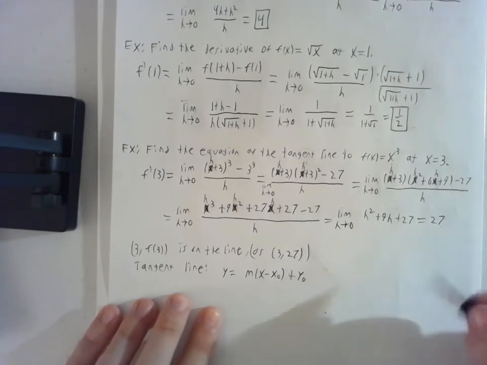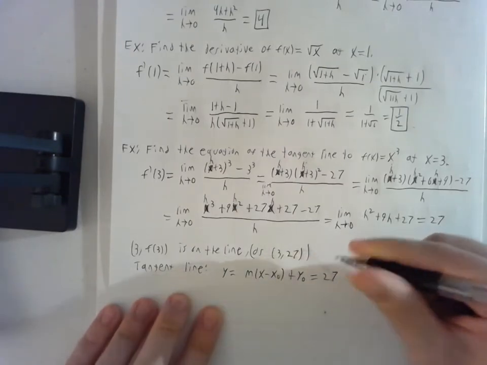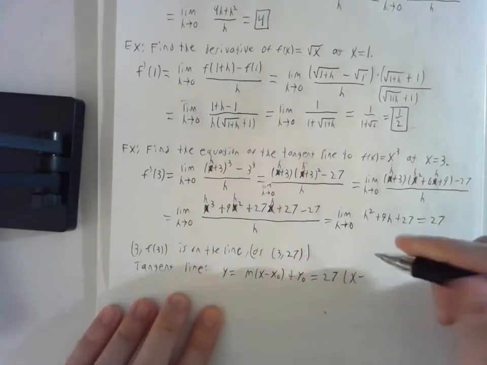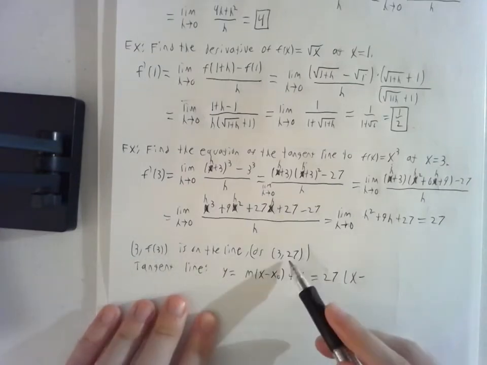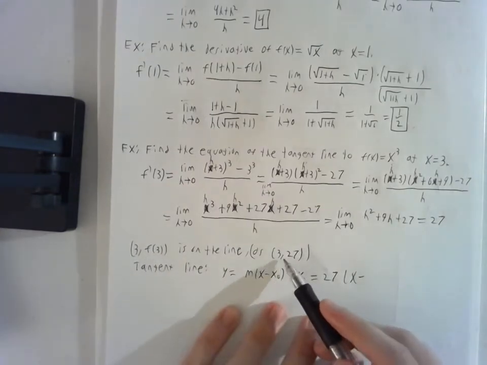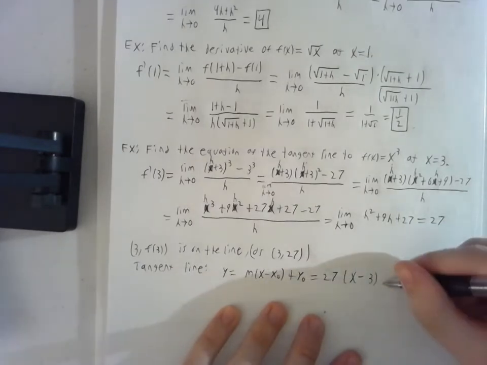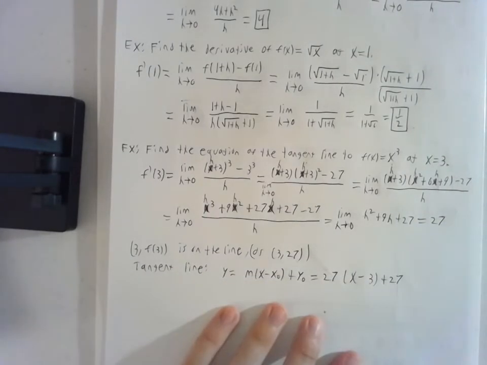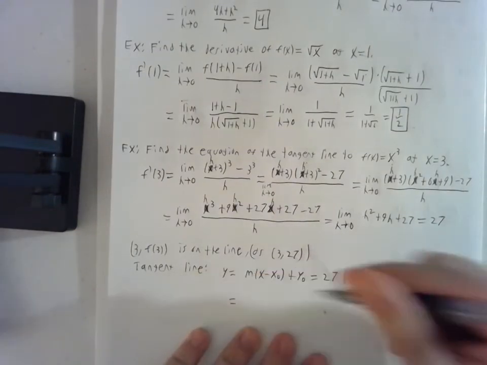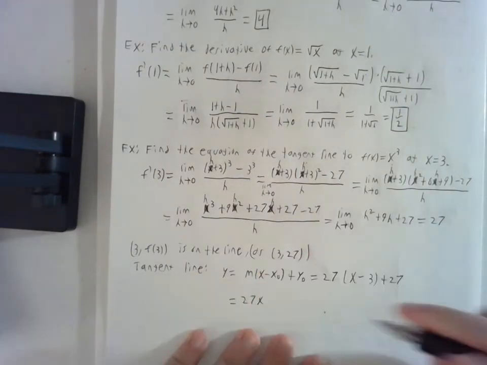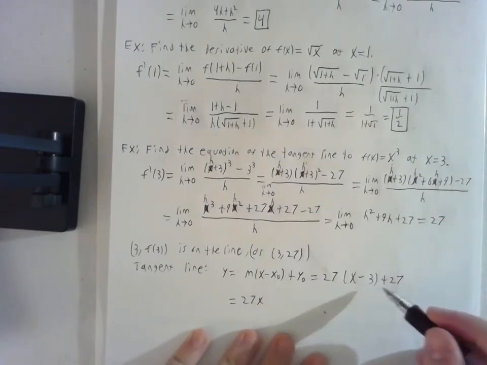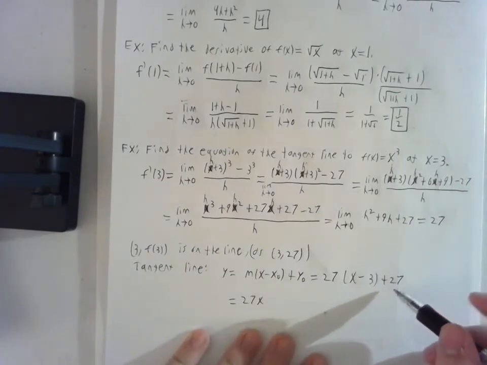Then the x0 and the y0 come from the point that's on the line, so x0 is 3, y0 is 27. And if you'd like to simplify this, we'll get 27x minus 3 times 27 plus 27, which is minus 2 times 27, which is minus 54. So this is our equation for the tangent line.